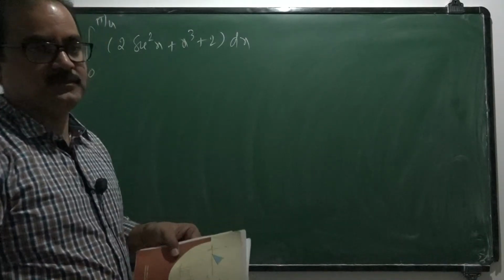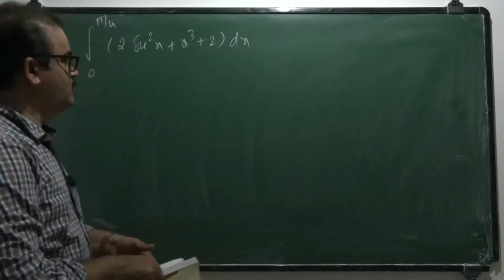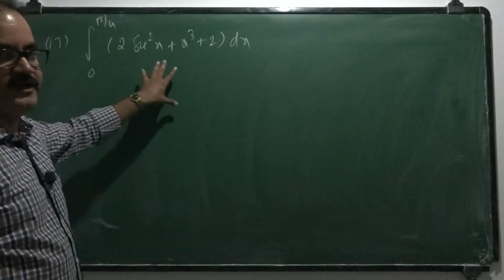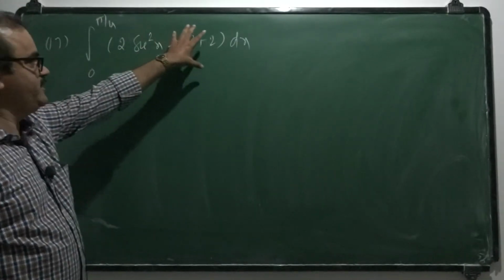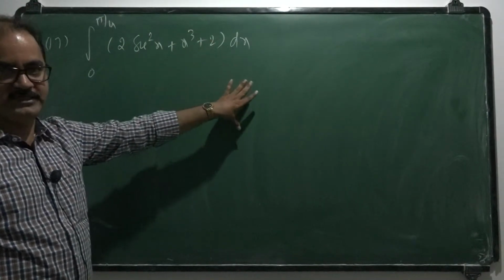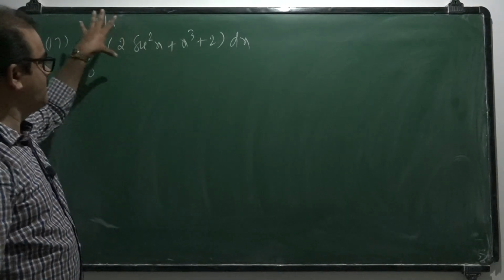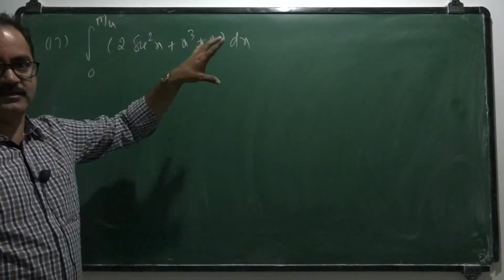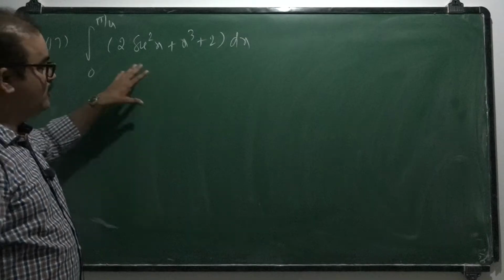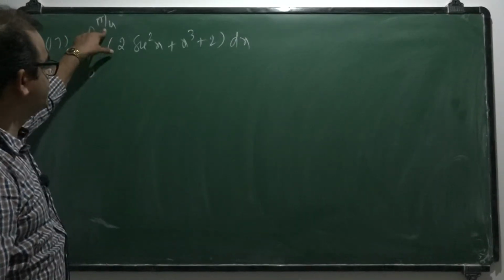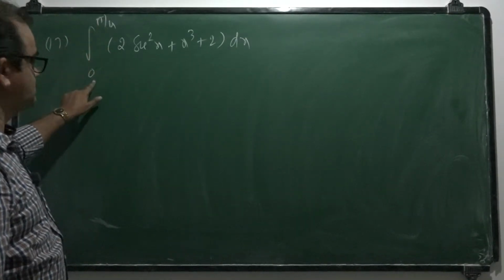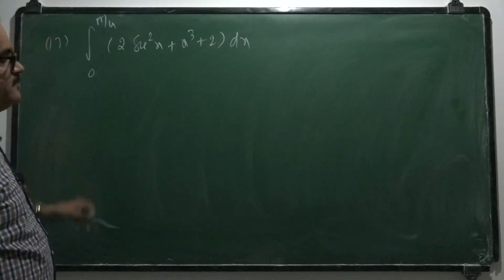In the last class we have already discussed how to evaluate a definite integral. First we find the integral of the given function and then apply the limits to that function. How to apply the limits? First you take the upper limit minus the lower limit.